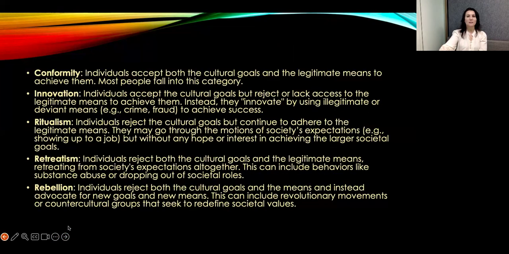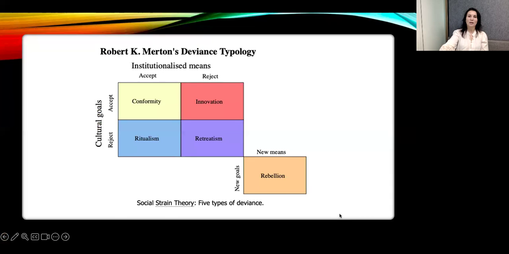So there is some criticism of Robert Merton's work. I mean, all scholarly work often has criticism. And some of the criticisms of Merton's work was that it does not explain everyone in society. You cannot add all these people into these five boxes. There are all different kinds of people. They take cultural goals differently. Maybe they don't have to take all of it.